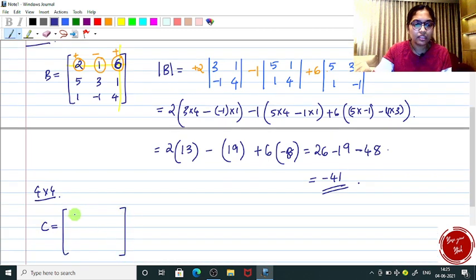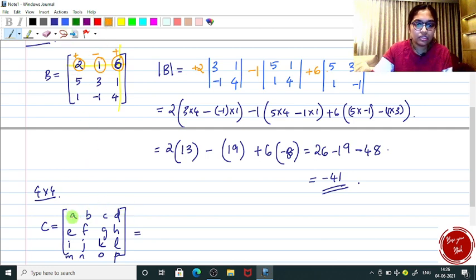Similarly, for the 4 by 4 matrix also, the pattern is just the same. I'll generalize it, A, B, C, D. What you have to do is focus on the elements in the first row. These are the elements.